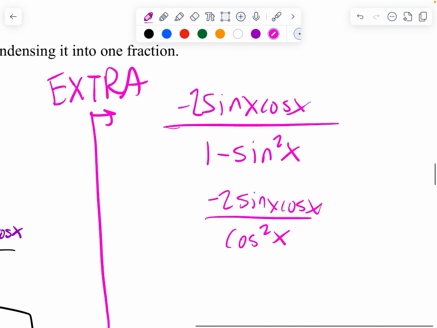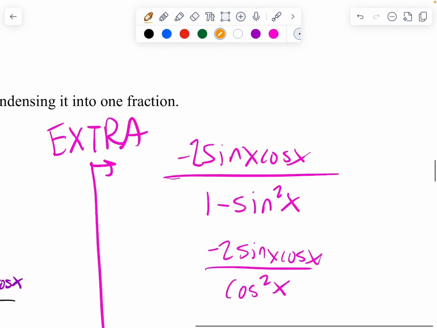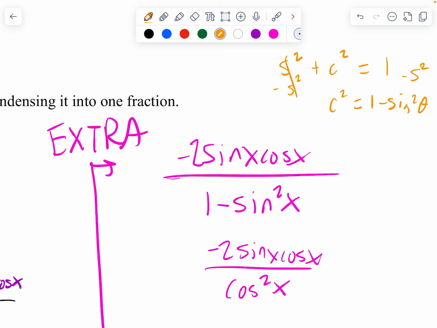Because I'm going to quickly go over that on the side. If I have sine squared plus cosine squared equals 1, and if I subtract sine squared, right? So then you get cosine squared equals 1 minus sine squared, right?